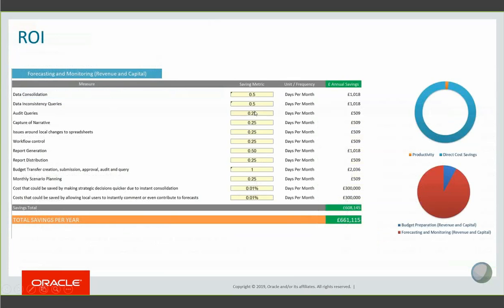And you can see that we've been incredibly lean in terms of the numbers that we've been providing, a savings of 0.01%, not even just 1%, meaning incredible savings in terms of being able to be far more transparent and being able to look at those consolidated numbers far quicker than you could have before. Feel happy to work through these with you in terms of the averages that you think you might be able to save, and see what the returns are for you.